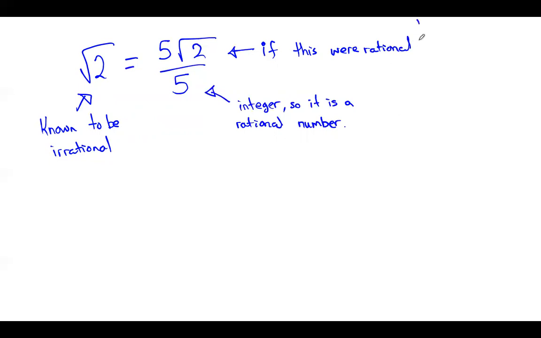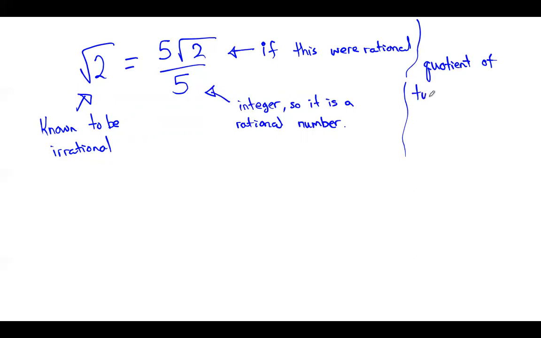So we're using the quotient of two rational numbers, because we're supposing the top is rational.